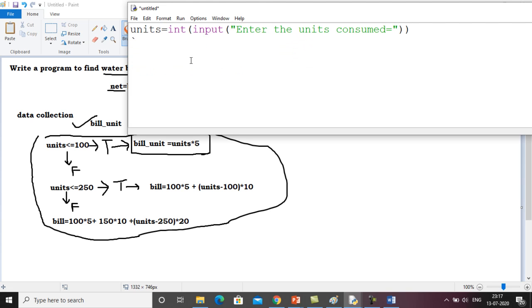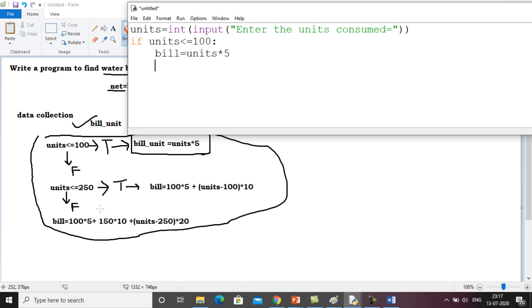So once we get the value of the unit consumed, then we will move according to this criteria. So if units is less than equal to 100, in that case the bill is basically units multiplied by 5.